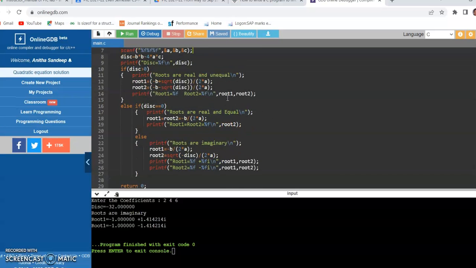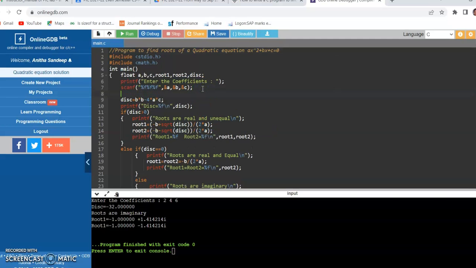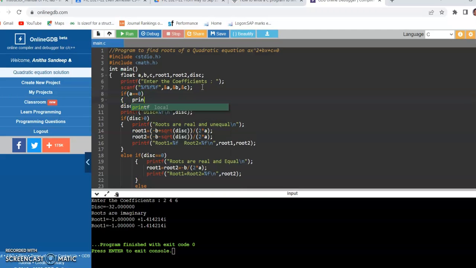This is without testing the linearity. So if you want to check whether the equation is quadratic or not, then you can check if a equal to 0, then you can printf not a quadratic equation.